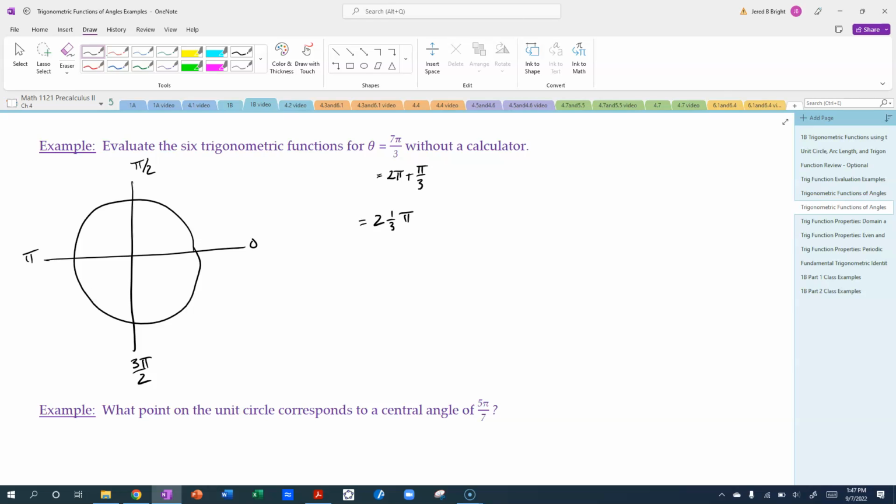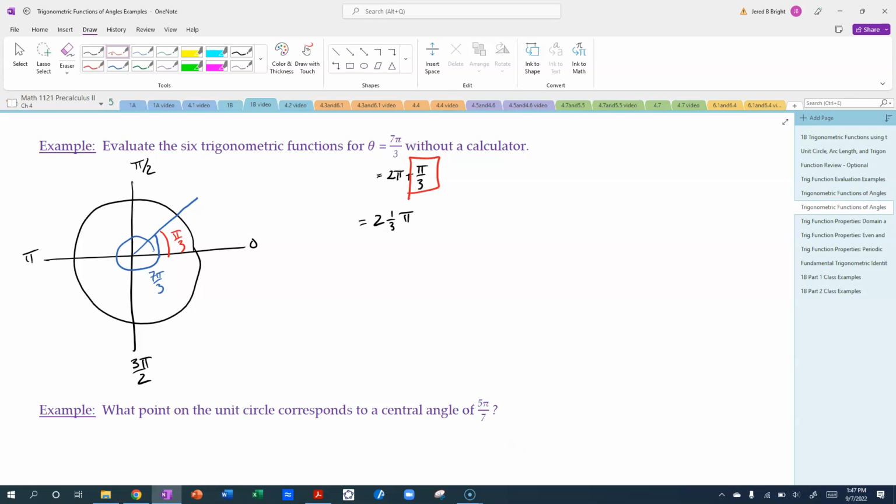Okay, so I wrote it this way because it's actually a full rotation around the unit circle. So we would go around the unit circle once, and then we would go a little bit more, right? And I would find that it is coterminal. So if this is 7 pi over 3, it would be coterminal with pi over 3, right?